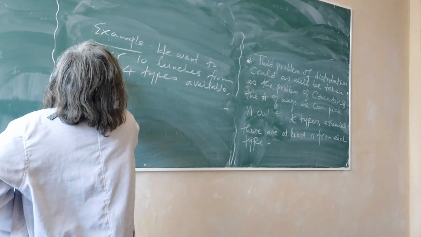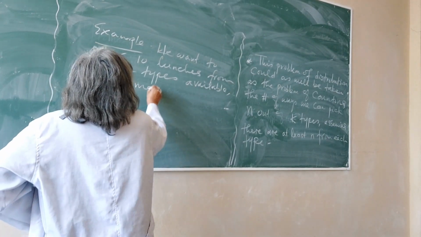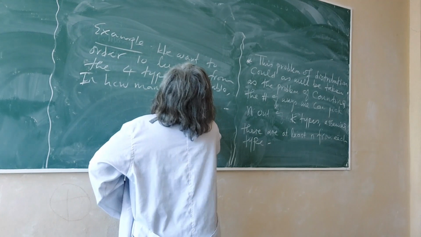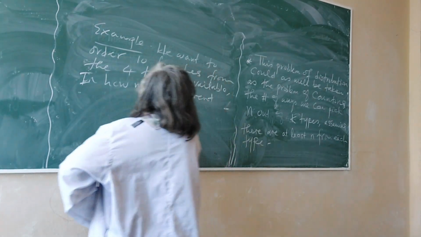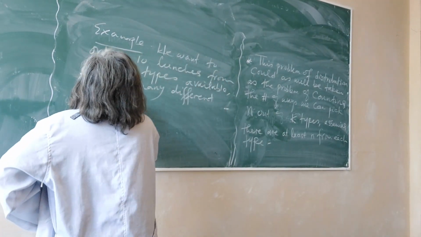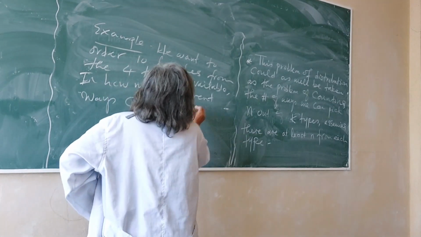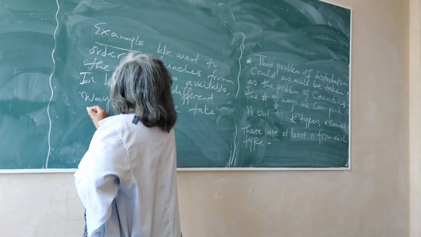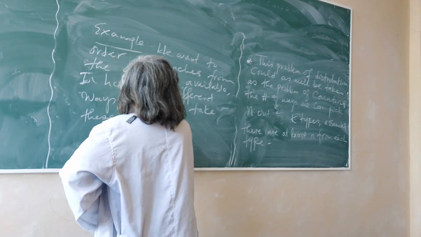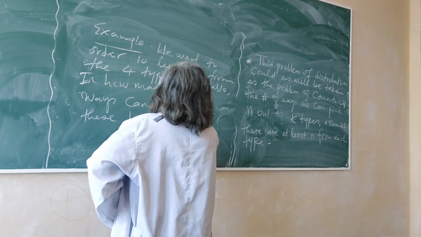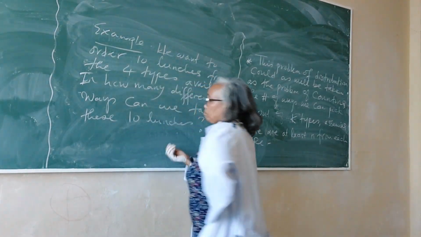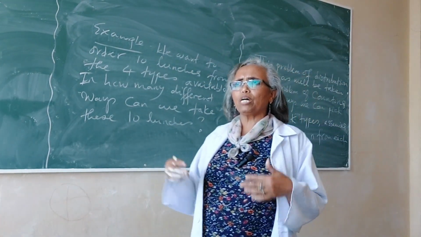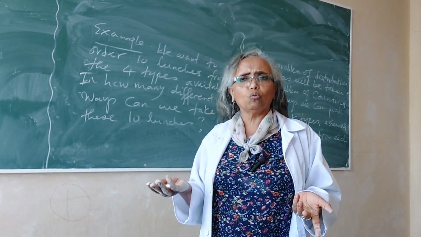In how many different ways can we take them? Take 10 lunches. Well, let's say those types are ቀይ ወጥ, ክትፎ, ጥብስ, ሽሮ.